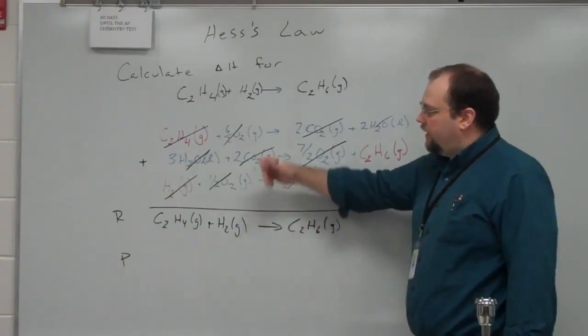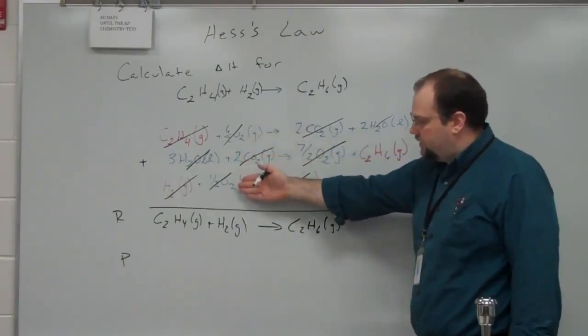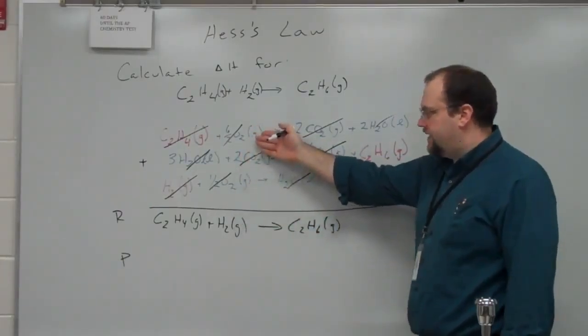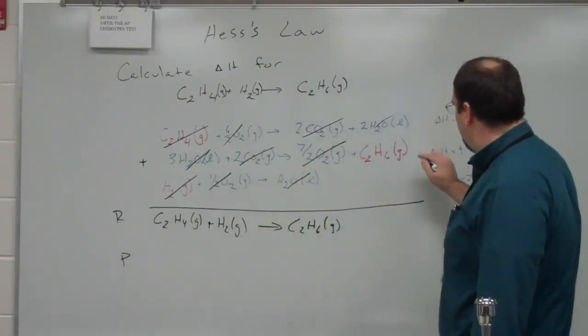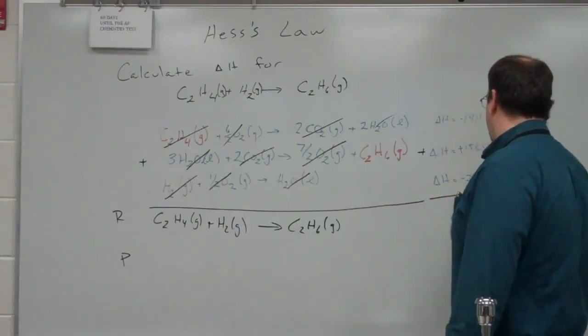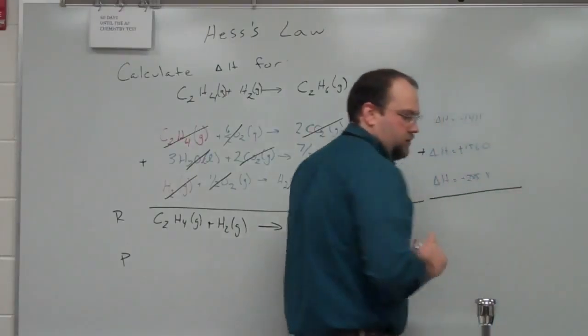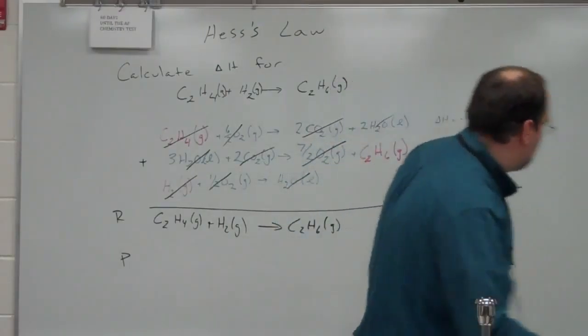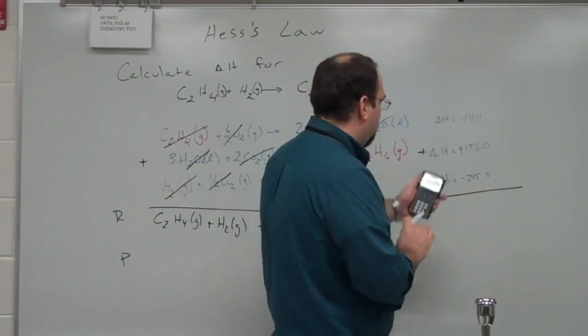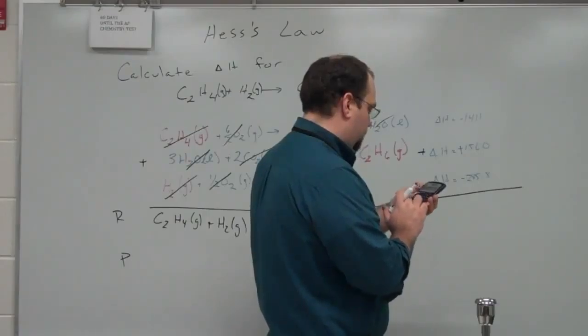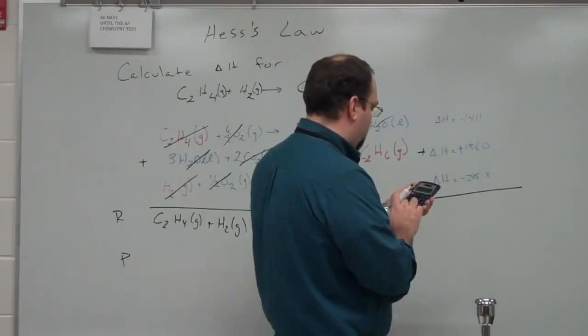So that's fine. Just like I summated, I don't know if that's a real word, just like I summed my reactions, I need to sum my delta H's. Okay. So I will grab a calculator for this because my mental math abilities are not crazy. So negative 1,411.